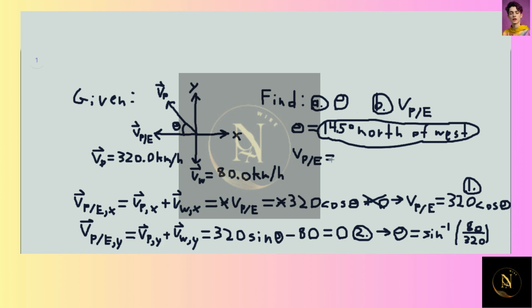So that's going to give us a value of 310 kilometers per hour. Okay, and again, that's going to be pointing in the westward direction. So say 310 kilometers per hour west.